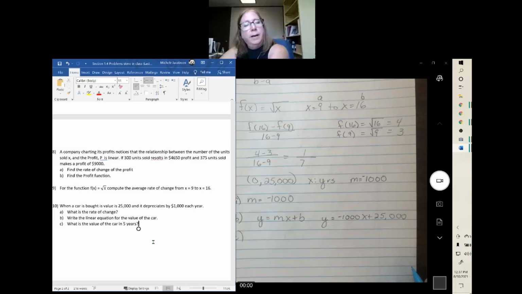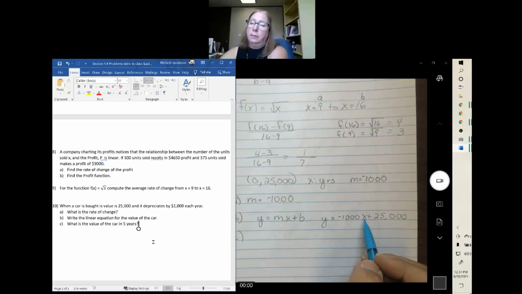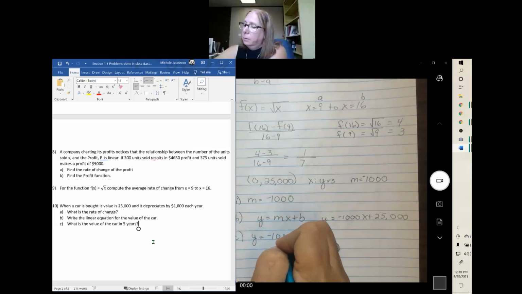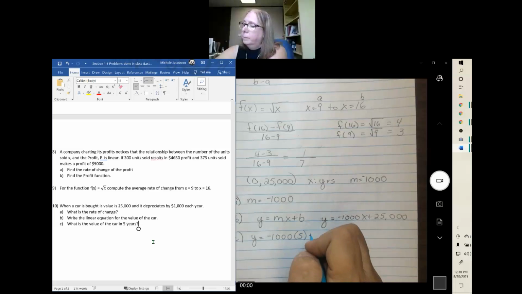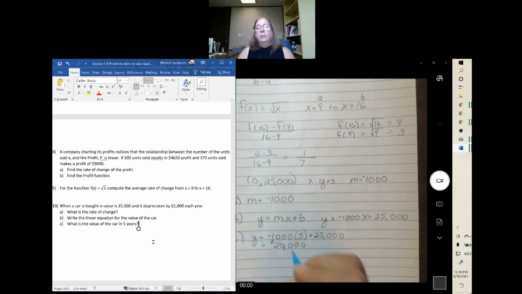What is the value of the car in 5 years? Well, x is the number of years, so in 5 years, we'd plug it in here. So if we plug that in, we'll get 20,000.